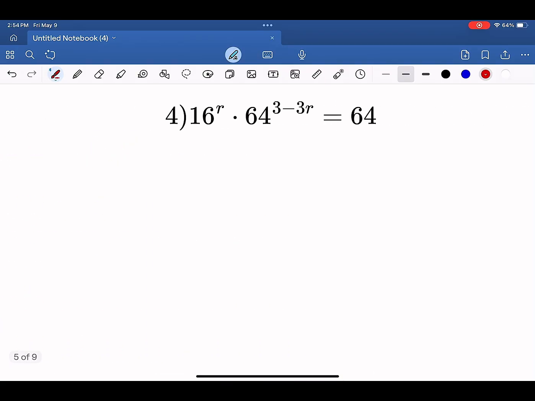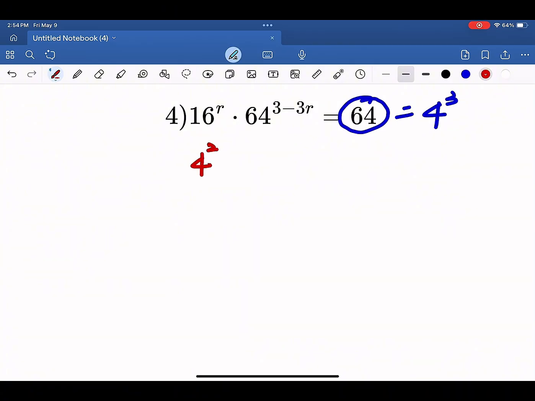Next problem, 16, 64. These numbers are multiples of 4. So we're going to change 64 to 4 to the third power. And 16 is 4 squared.